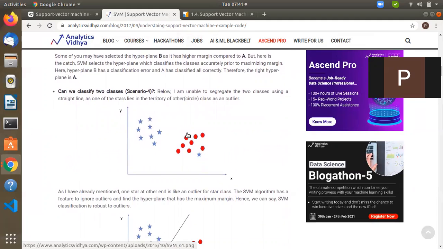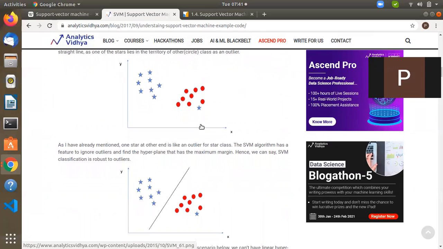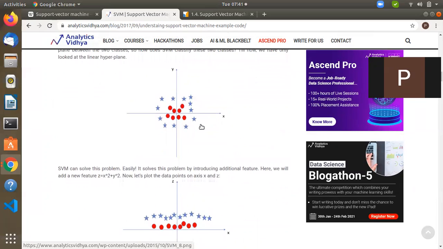Here you can see there are scenarios in real data where this particular star will be here, and this star is an outlier, since it is placed differently.